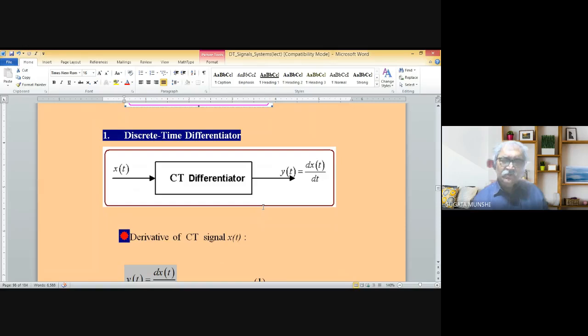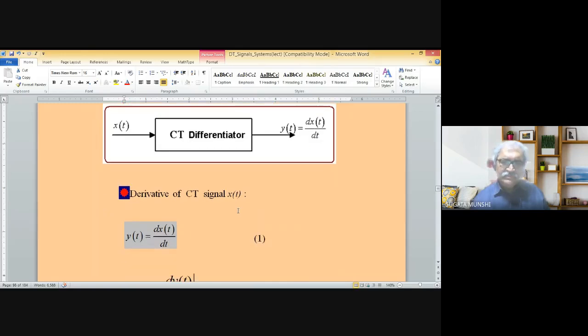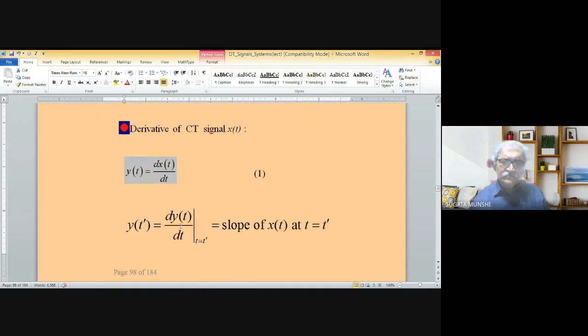If you recall the continuous time differentiator, the input is a continuous time signal, and the output is another continuous time signal, which is the derivative of x(t) at every instant of time. That means at any instant t prime, the output of this continuous time differentiator is the slope of the input signal x(t) at that instant, t equal to t prime.